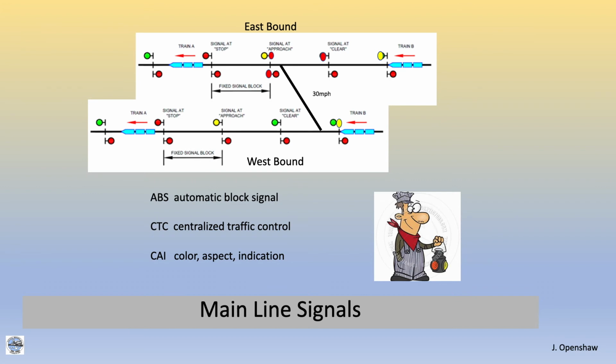Again, if you're in between the signals, that's a block. You can go back and forth all day, but you can't go outside the signal limits. If you have a track warrant, say you're running by TWC, track warrant control, and nobody's going to be working on the track, he'll say, like, from New Bedford to Taunton, both directions, work in between.